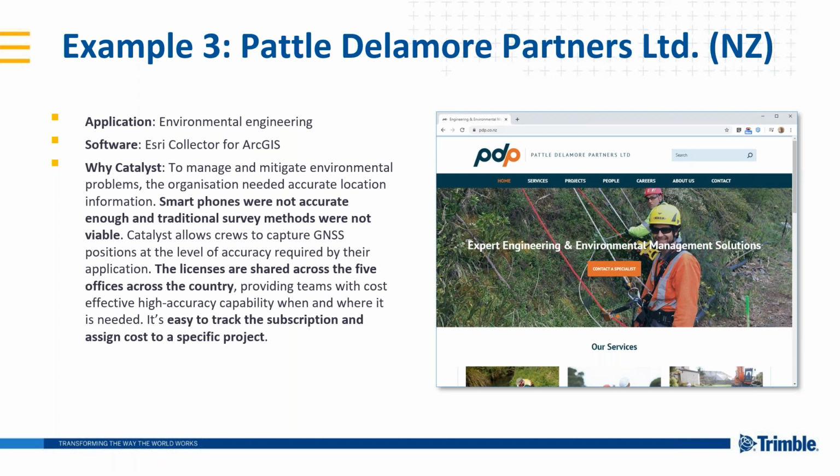And then another component here, which is true for both the subscription model and the on-demand model, is that it's very easy for organizations like this to track the cost of the use of such a technology and then assign that cost to a specific project.